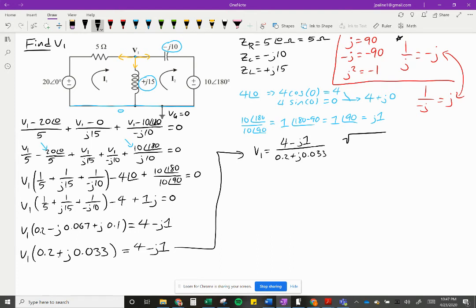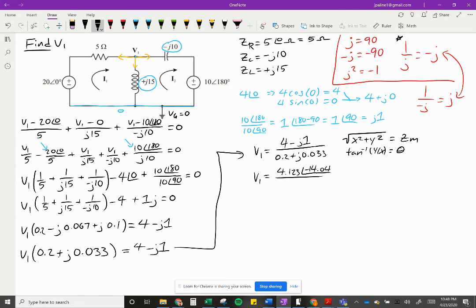Since we're dividing, let's use the polar forms for these. We'll do the square root of the sum of the squares to get the magnitude, and then tangent inverse of y over x to get the theta angle. This will be a little bit more practice for you, converting those over. So this will be 4.123 at angle negative 14.04.